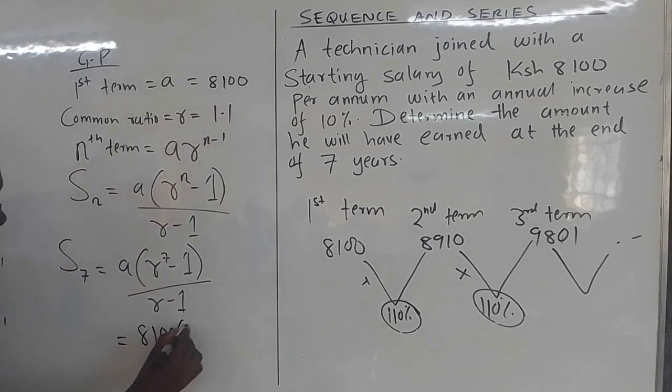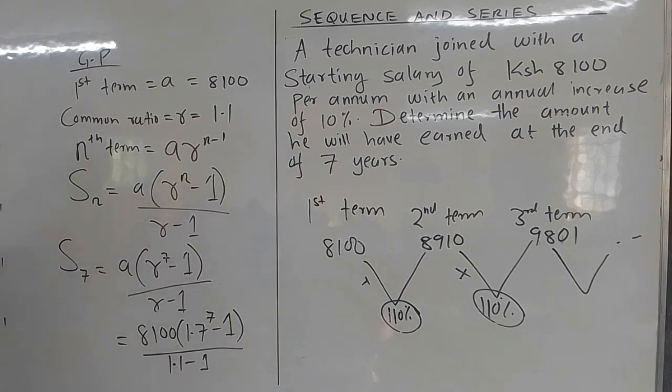R is 1.1, raised to power 7 minus 1, over 1.1 minus 1, isn't it?